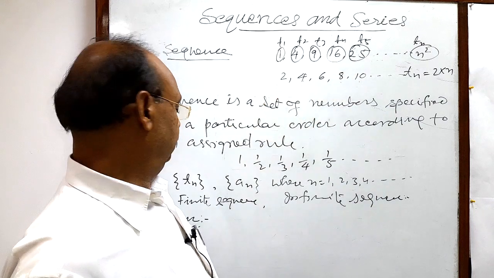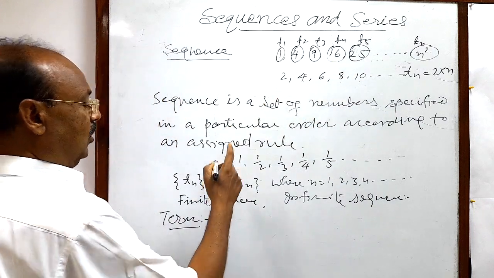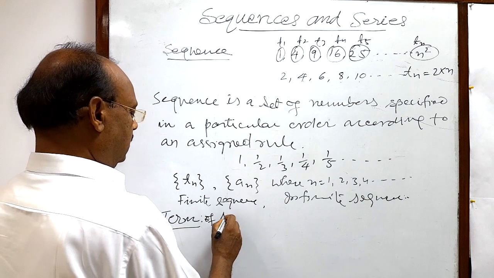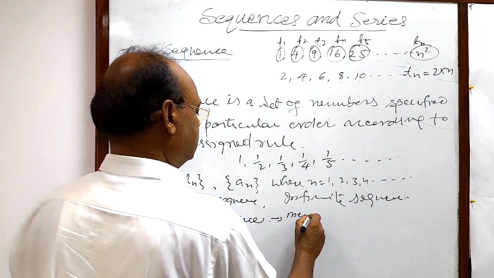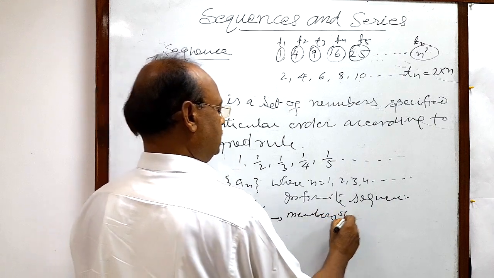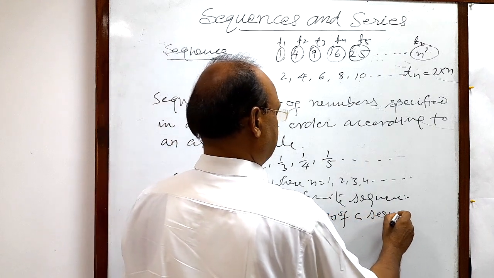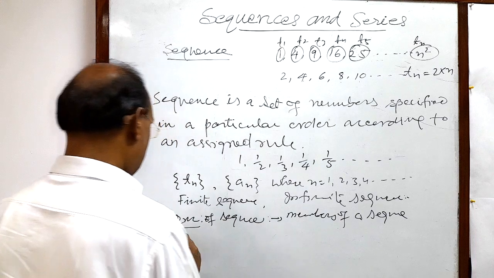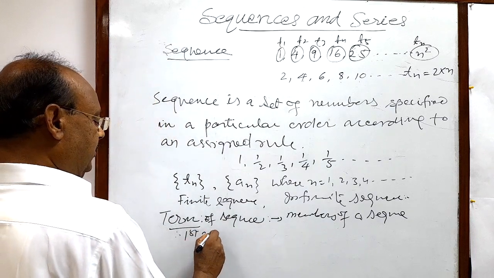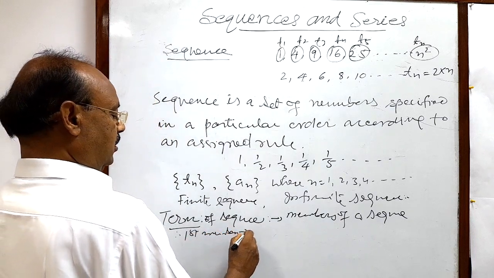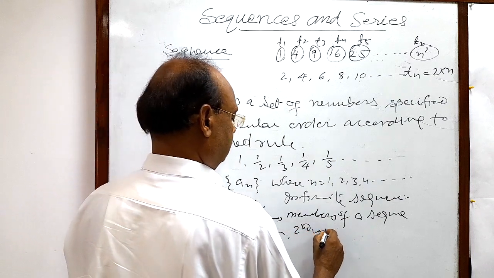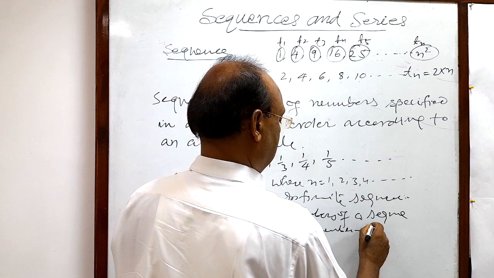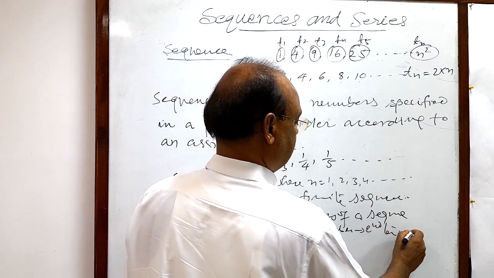So a term of a sequence is nothing but a member of the sequence. Therefore, the first member is called the first term, the second member is called the second term, and so on.